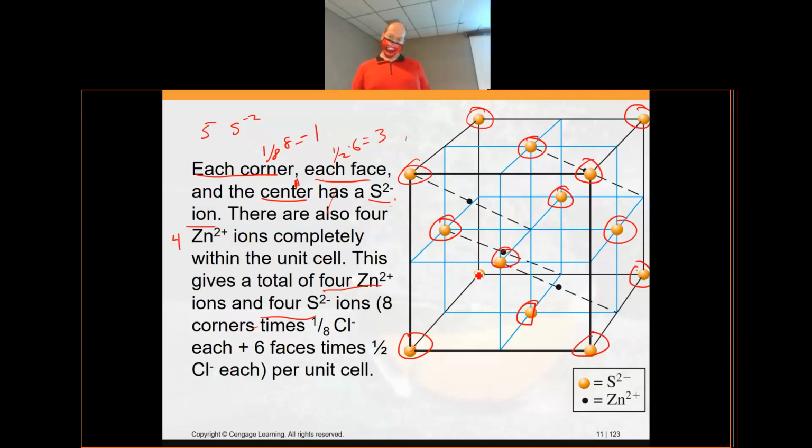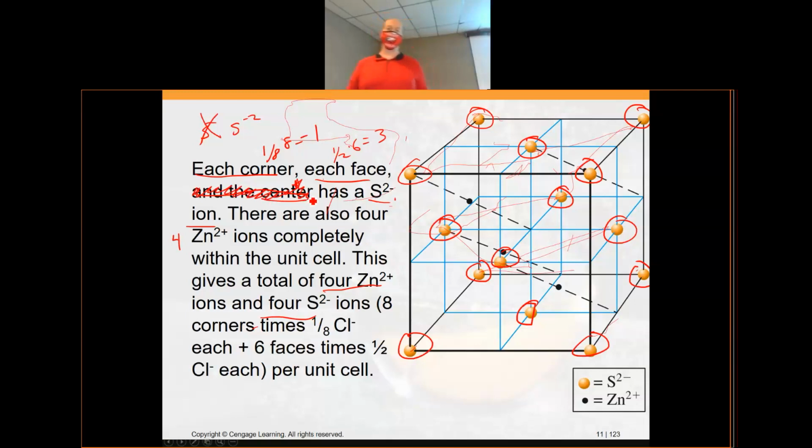I didn't do the 8 corners. All right, so there's each corner and each face. So that would be 8 and 6. There would be 14. If you count the yellow, there are 1, 2, 3, 4, 5, 6, 7, 8, 9, 10, 11, 12, 13, 14. There are only 14. All right, so this is wrong.